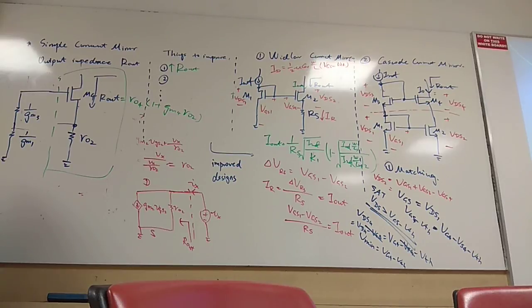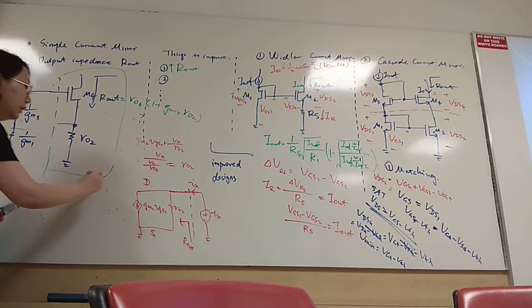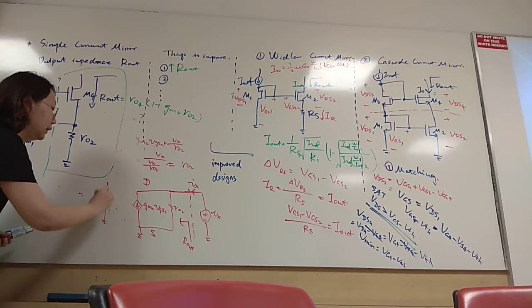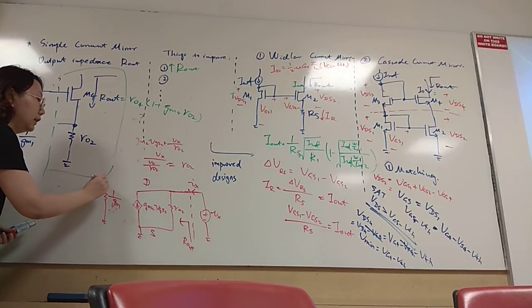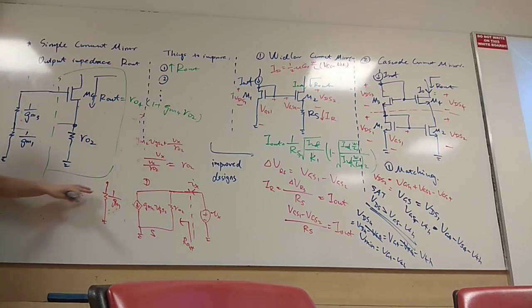Question? Your source degenerated, it's the same structure. Before you go to the source degeneration part, right, how do you reason out to remove this? It's like what we discussed just now. The gate is not connected. Here is 1 over GM, there's no G, and here there is no voltage. There is no current flowing through this 1 over GM. And these two resistors are just in series, so I combine them into one, right?